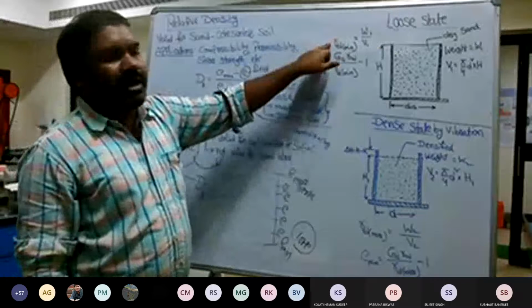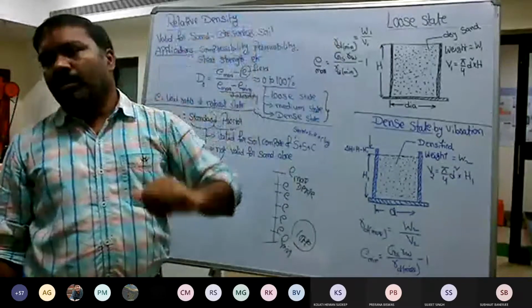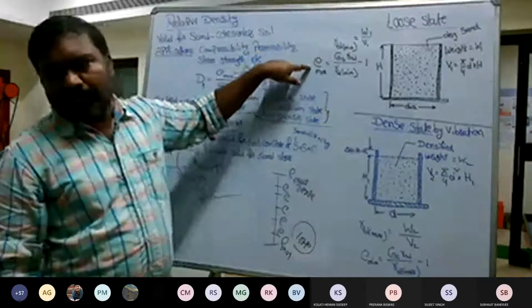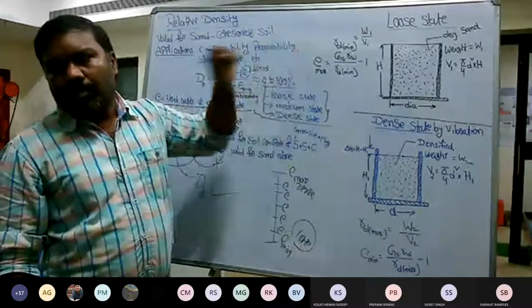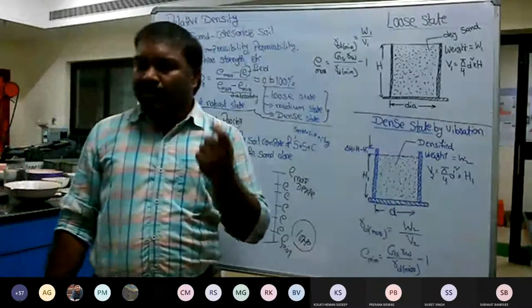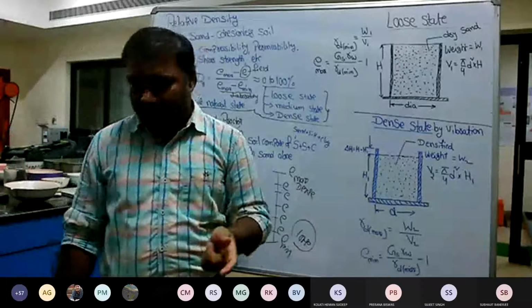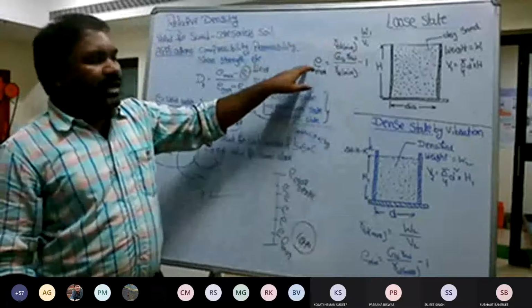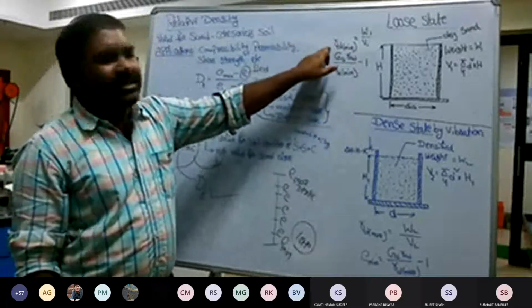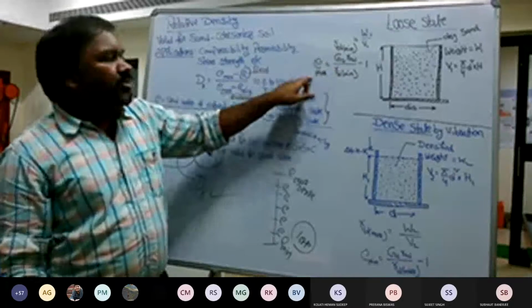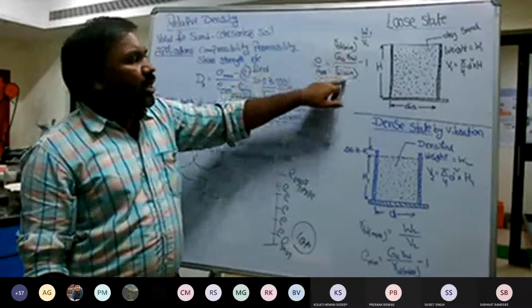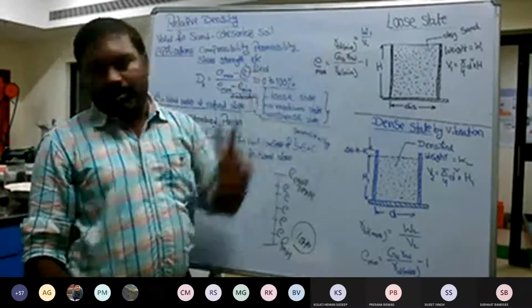Once I know gamma d, just recall your soil mechanics volume mass relationships. You know the relationship between gamma d and void ratio: gamma d is equal to G into gamma w by 1 plus e. But here I know gamma d, so I want to determine e. Since density is minimum, there is a possibility of the maximum void ratio. Therefore e max is equal to Gs into gamma w by gamma d minimum, minus 1.